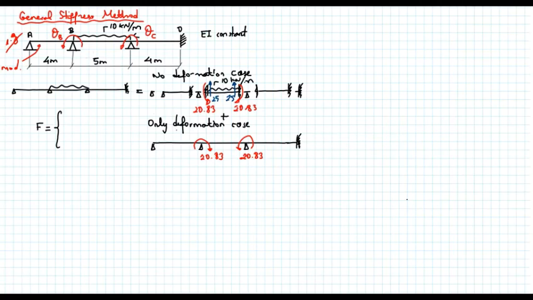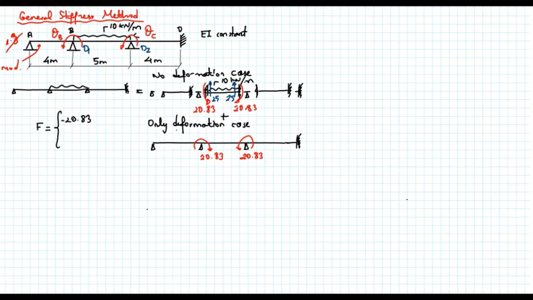I will just show this as d1, my first degree of freedom, and that's d2, my second degree of freedom. The force corresponding to the first degree of freedom is 20.83. I have a counterclockwise rotation, but my force is in the clockwise direction, so this should be equal to minus 20.83.